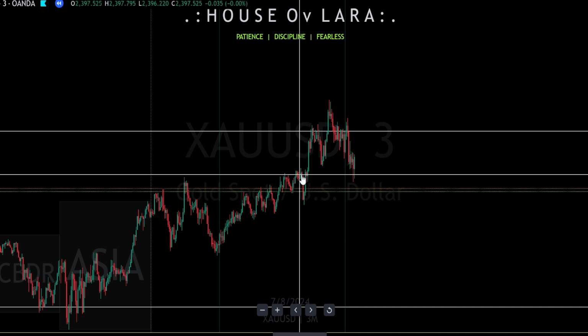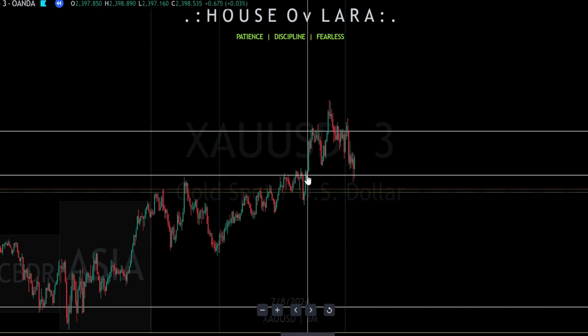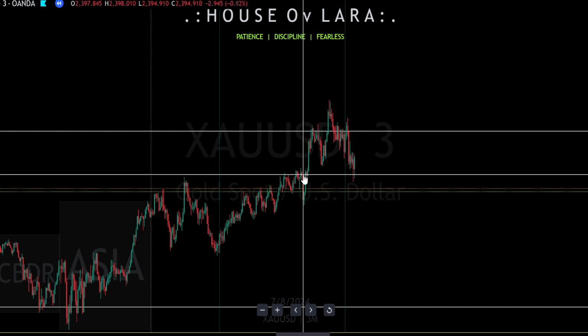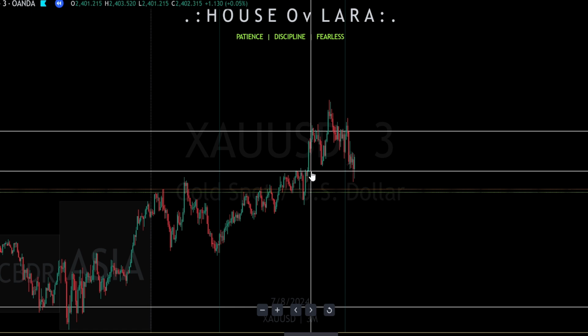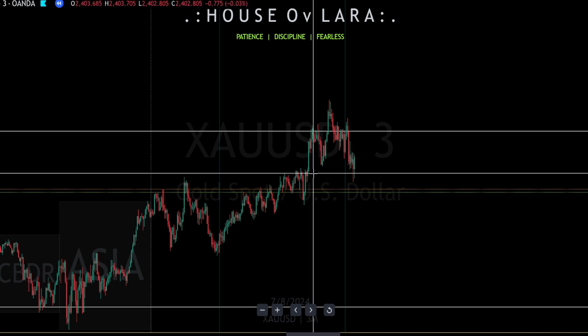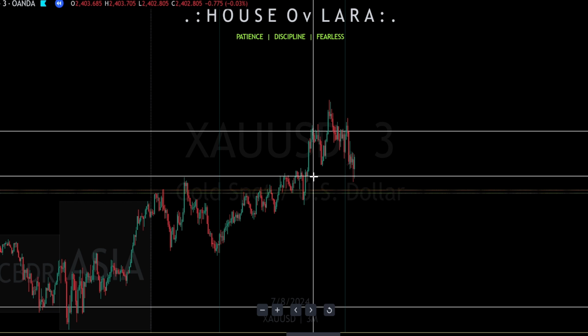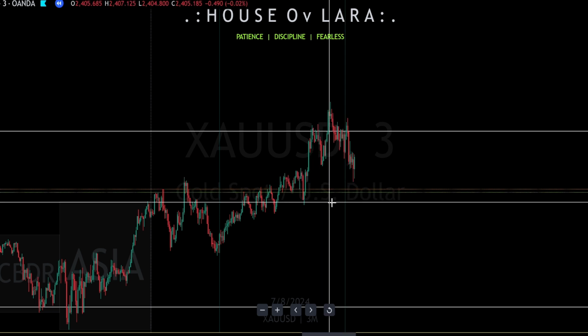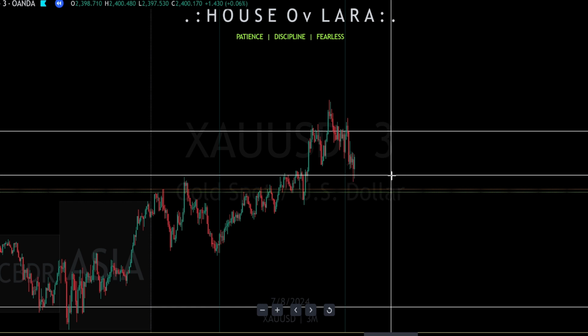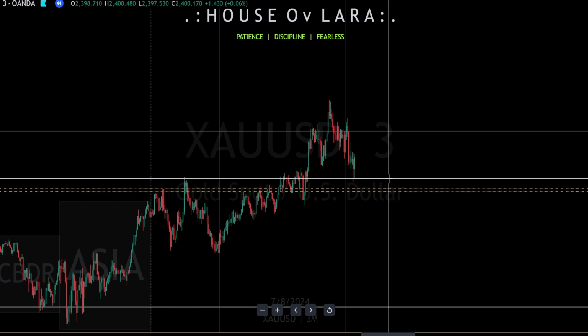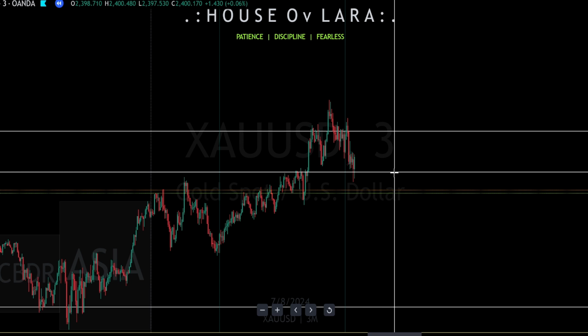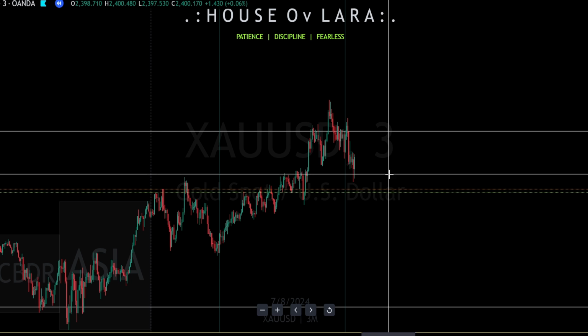Once they get out of that, you might not know what's going to happen. Your 3 lots are not going to make a difference in the market, so you might as well just exit with them. That's always where I set my take profit. Sometimes I might hold it longer, but sometimes I just don't want to risk it, and I just secure the profits, and that's it. Just open a big enough position so that you're going to make what you want.